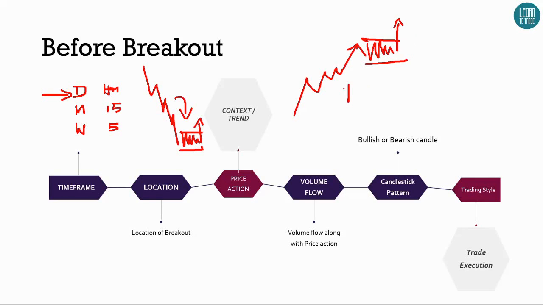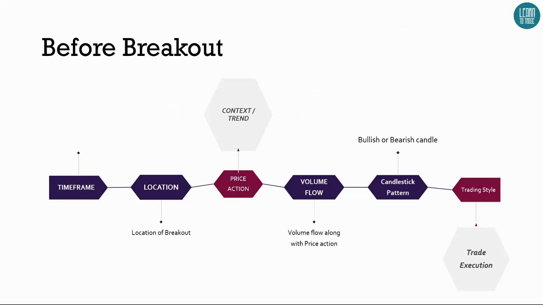So the trend is already up and we are getting a breakout towards the upside. Location is favoring. I'm not saying that in an uptrending market every breakout works. For that we have a different set of parameters, which I have created in this mini flow chart. So the trend is up, the location is favoring us because the trend is up, and we are getting an upside breakout. Next we need to look at the price action which is getting developed.